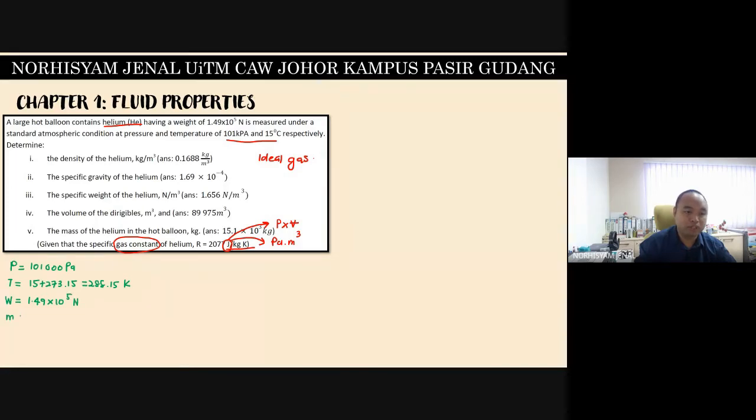So if you want to find out what is the mass, it should be weight divided by gravity. So 1.49 times 10 to the power of 5 divided by 9.81.